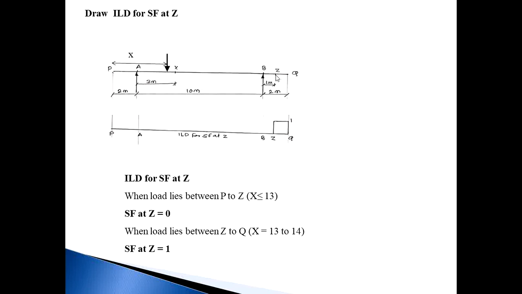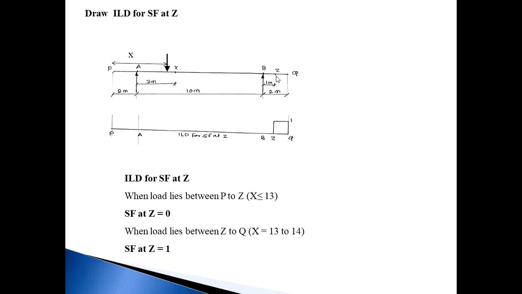Then when load comes at point Z or crosses the Z and lies between Z to Q, the number of forces on the right side is now 1 kilonewton because now the load comes up in this ZQ portion, and the number of forces on the left side of this Z is RB and RA.